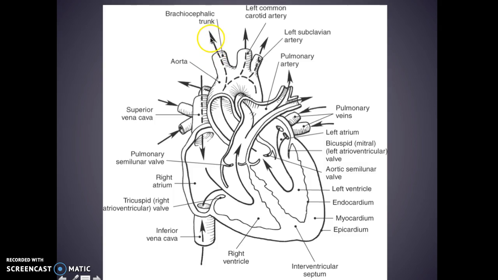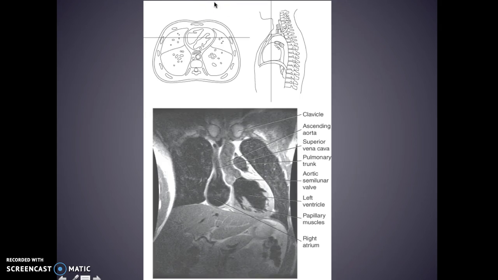So your brachiocephalic trunk goes off to your right subclavian and your right common carotid.